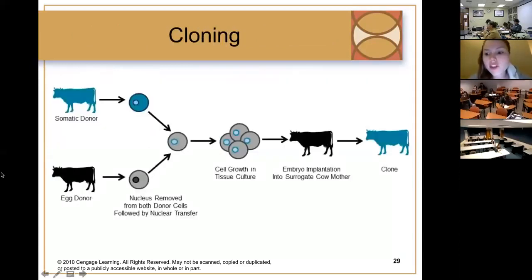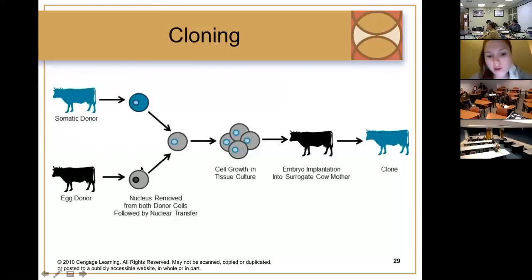Just to show you a little more about how cloning works, it's easy to talk about in genetics, but it'll probably make more sense after the repro lecture. You have your somatic donor. Somatic donor basically means that this cell is essentially just a stem cell. It hasn't been differentiated into any specific cell type, so it can be used. Then you have your egg donor.